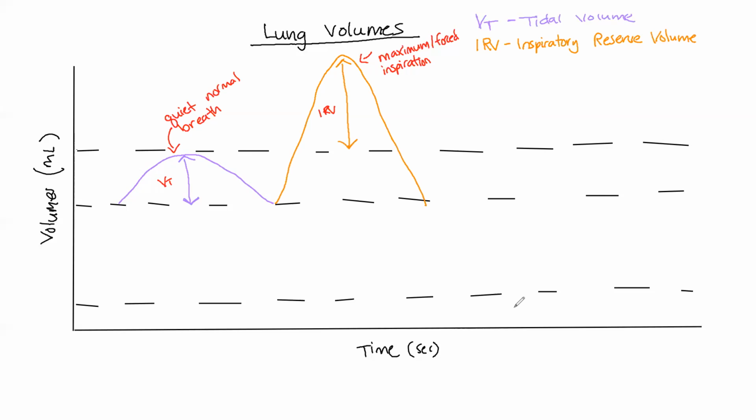Okay, let's think about that in the opposite direction. So our expiratory reserve volume is going to be the amount of air that we can force out beyond our tidal volume. Okay, so again, thinking about this curve in the opposite direction, if I can take a quiet, normal breath out and then force more air out on top of that, that is my expiratory reserve volume.